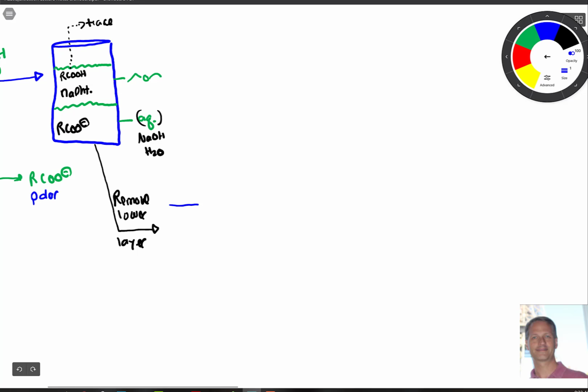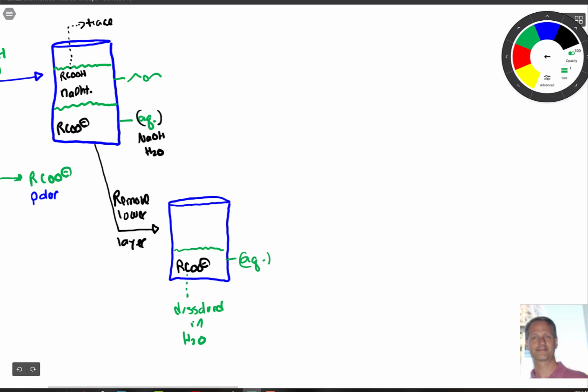All right, and you take that layer and you put it in another container, so another conical vial or whatever you're using. So down here we're going to have our AQ layer, and then in that solution dissolved you'll have RCOO minus. So remember that this right now is dissolved in the water, right?